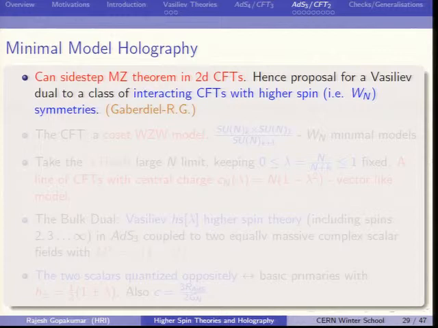Now I'll come back to the AdS3 Vasiliev theories and the dual CFTs.